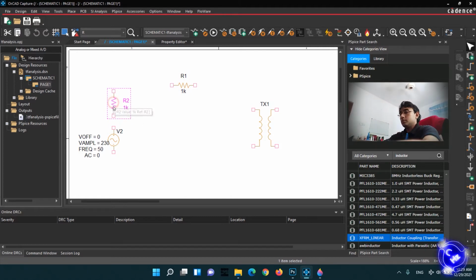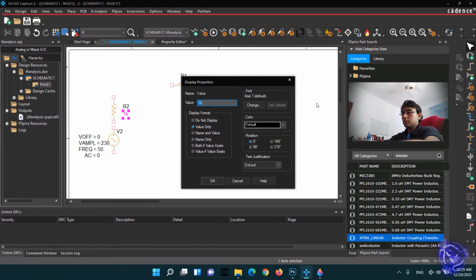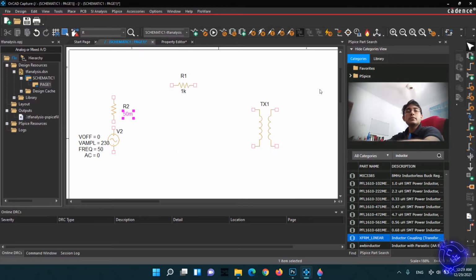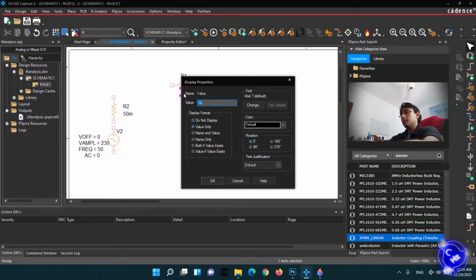I would like to set this to a very small value, let's say 50 milli. And this is the primary winding resistance. I just set it as 0.1 ohms.